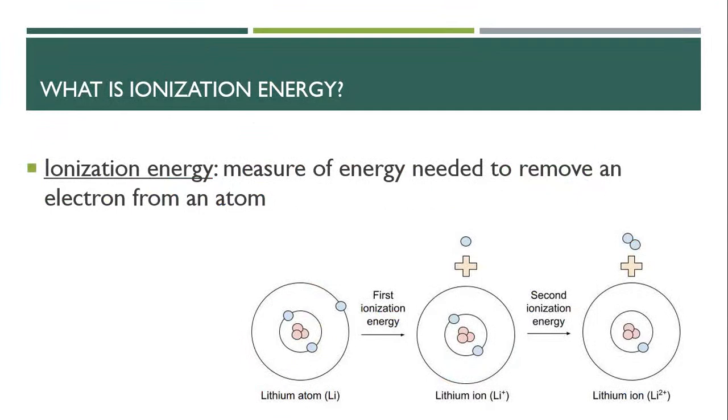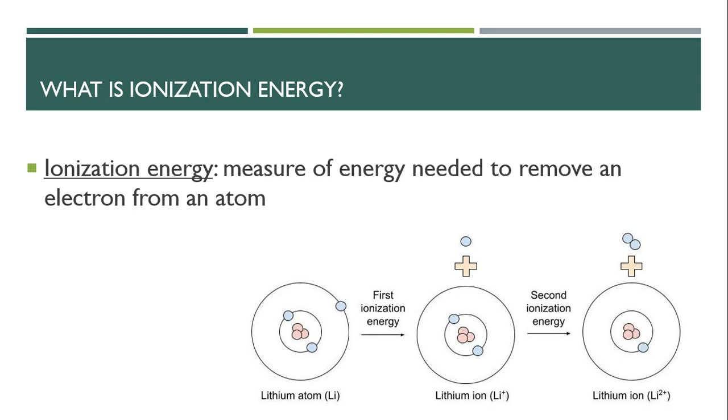So if I look at an element, say lithium, and I hit it with some ionizing radiation, it would remove 1 electron. And then when I hit it with more ionizing radiation, one of these 2 electrons gets taken away, and you leave it with just 1.